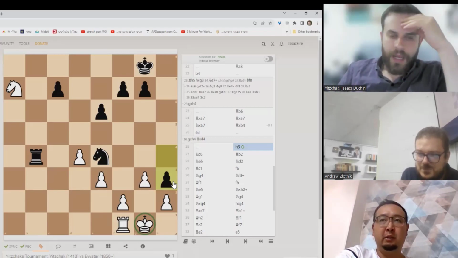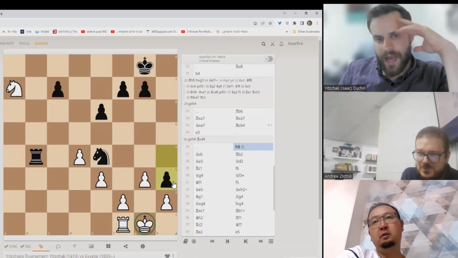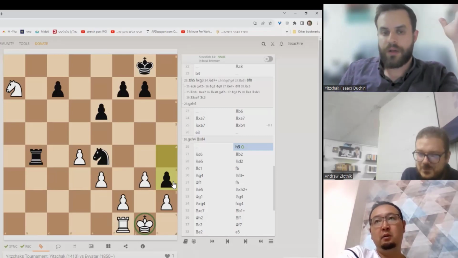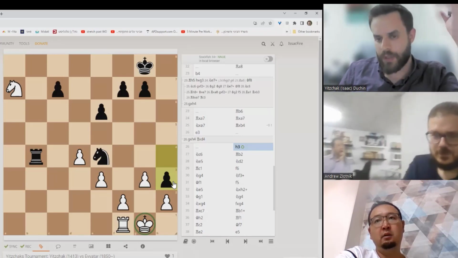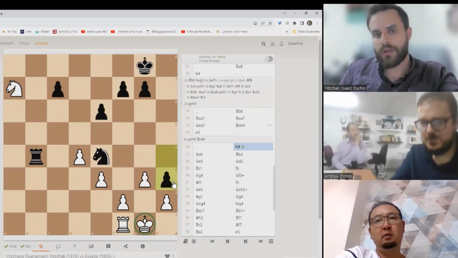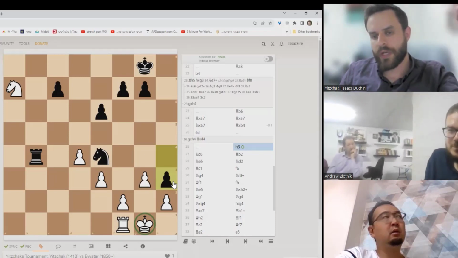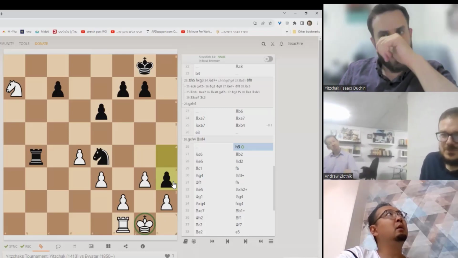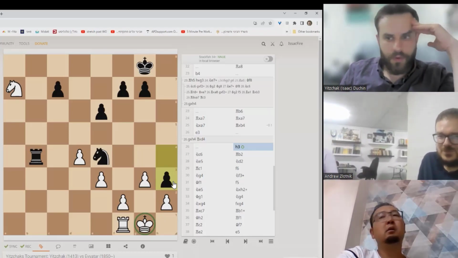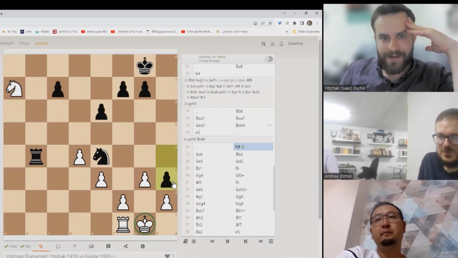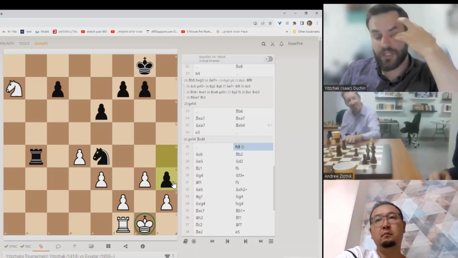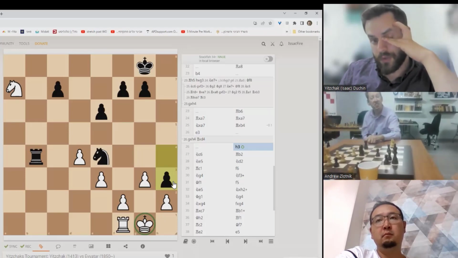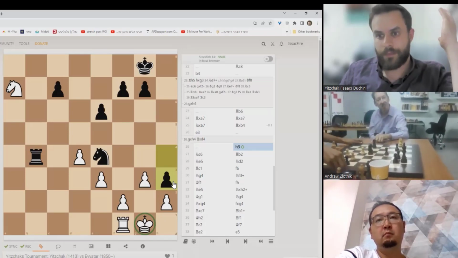And then if the material is equal, I would see who has more space, who has more maneuvering options, more control, more potential.